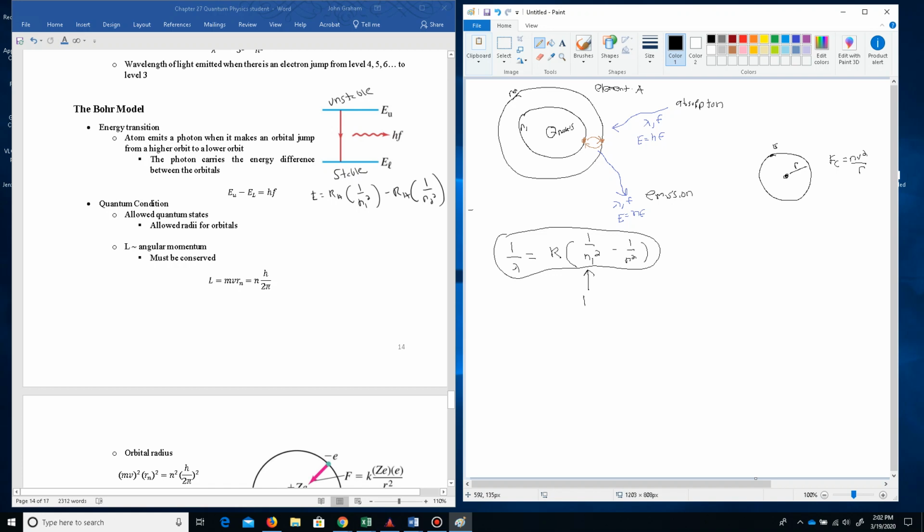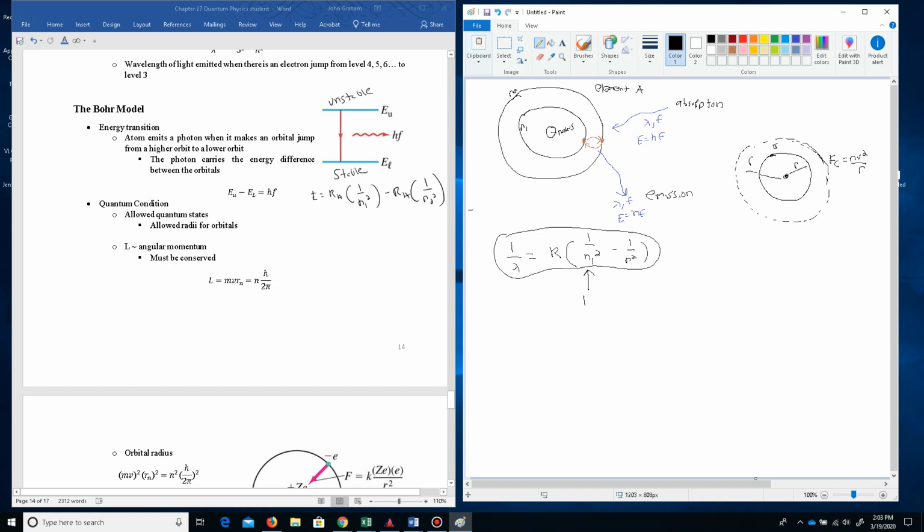And then as you go farther out, you have a new radius. It has a new energy at this point. And so this is why the idea was that these states were fixed positions with specific radii and specific orbits for these electrons.